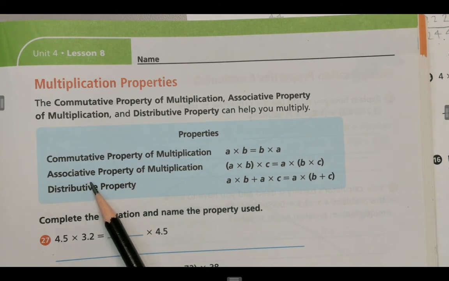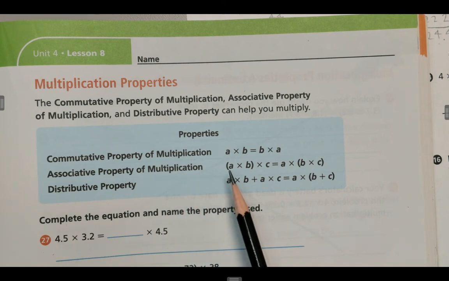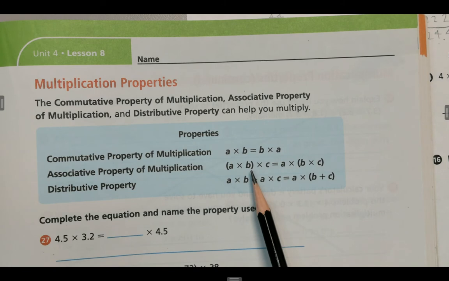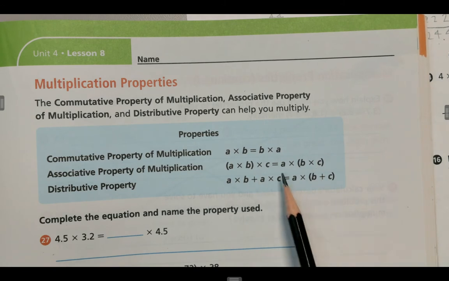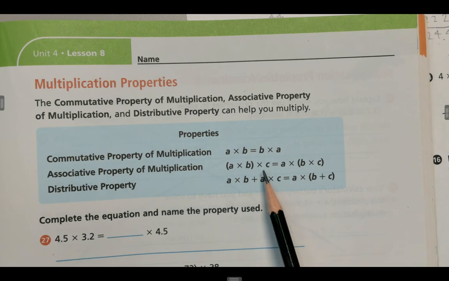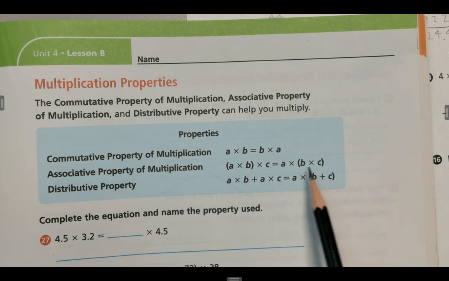The next property is called the associative property of multiplication. And in this example, the thing that's changing is the location of the parentheses. So all we're really saying here is that if you are multiplying, in this case, 3 factors together, A times B times C, you can regroup those factors in more than one way.